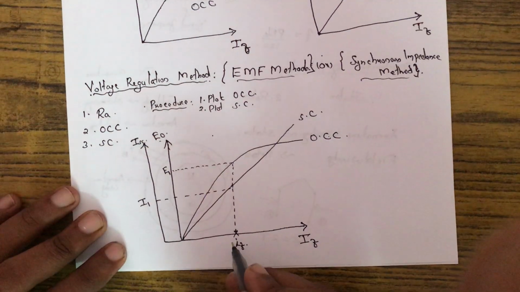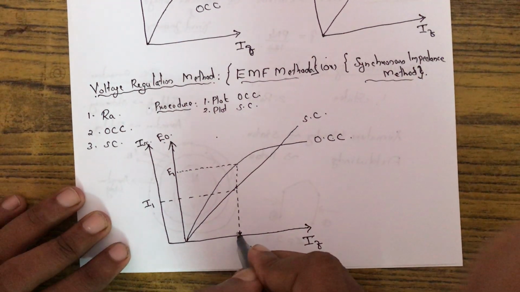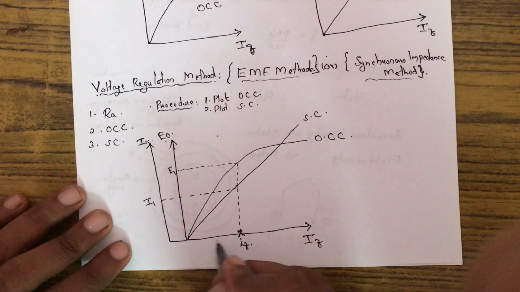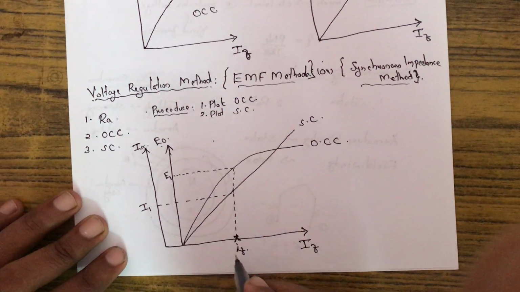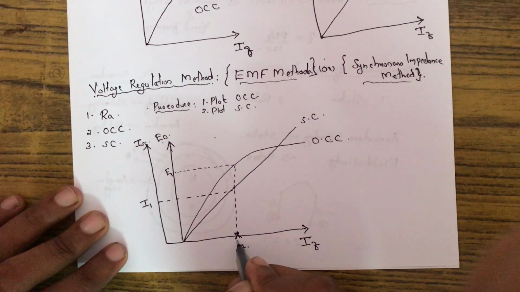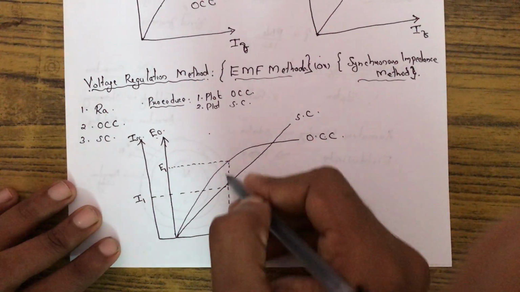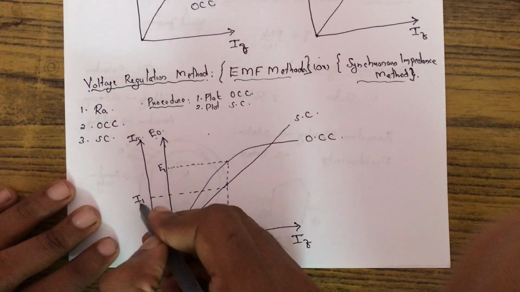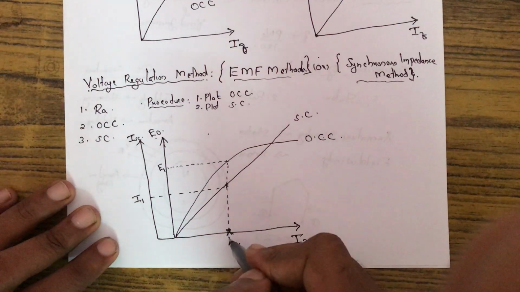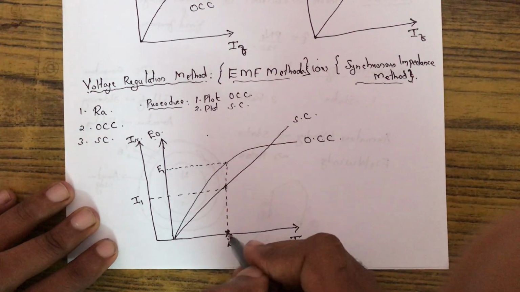So E1 is the open circuit voltage for any field current we consider. If I consider this value of field current, E1 is the open circuit voltage for this field current and I1 is the short circuit current for the same IF.